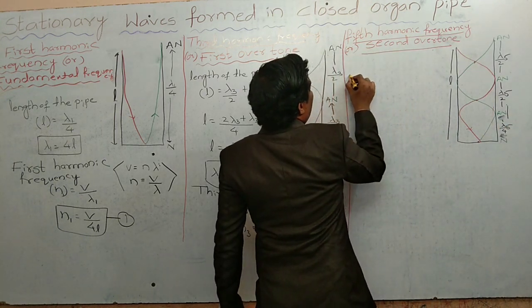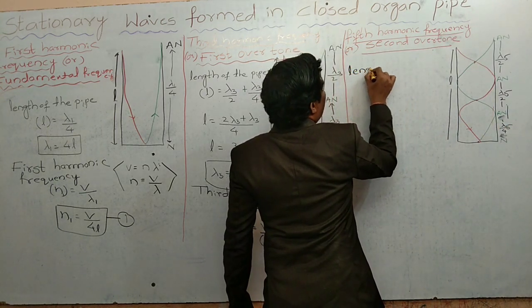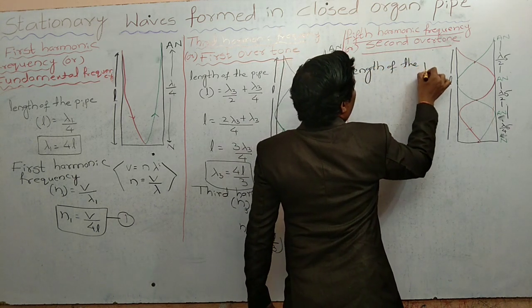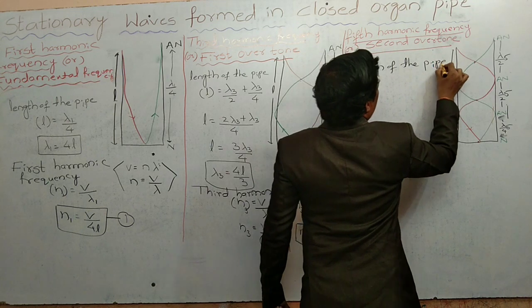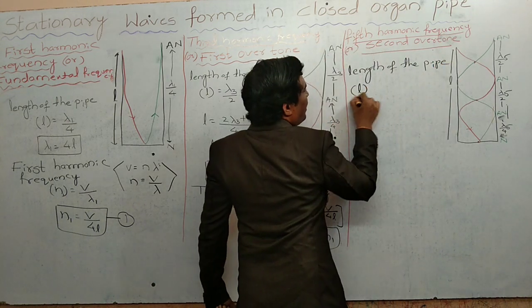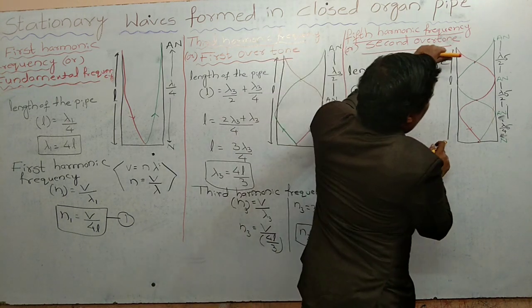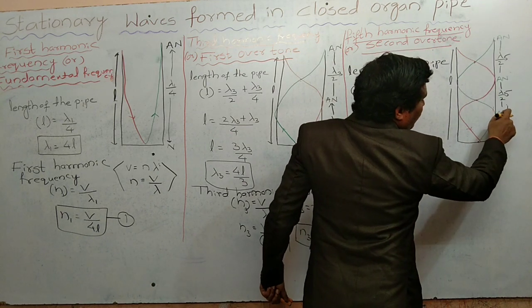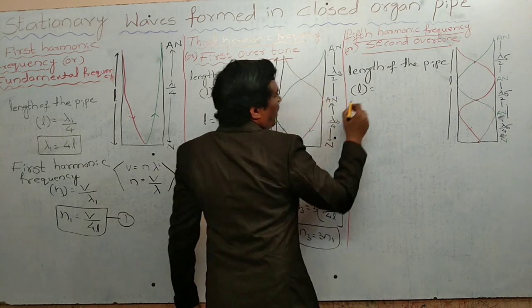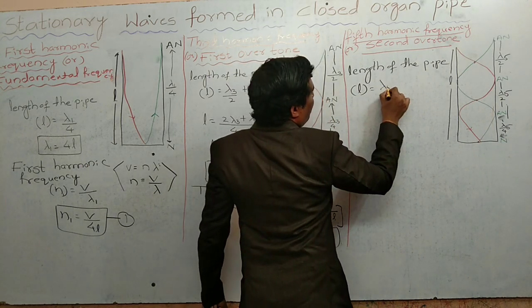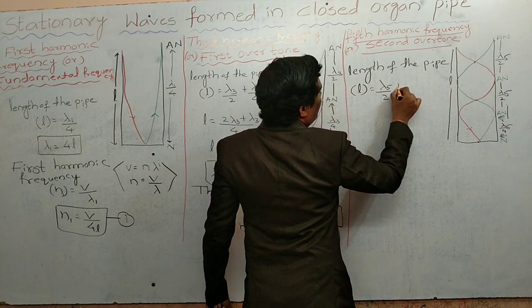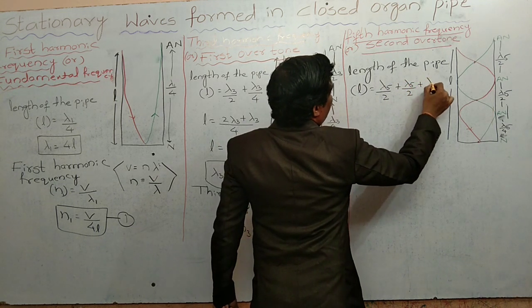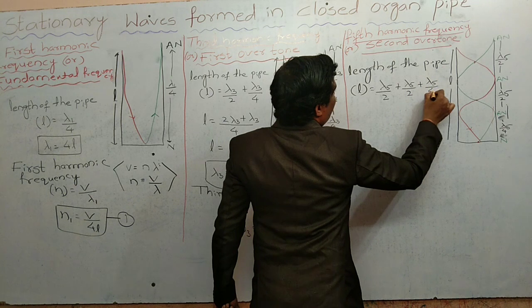So total length of the pipe L equals lambda 5 by 2 plus lambda 5 by 2 plus lambda 5 by 4.